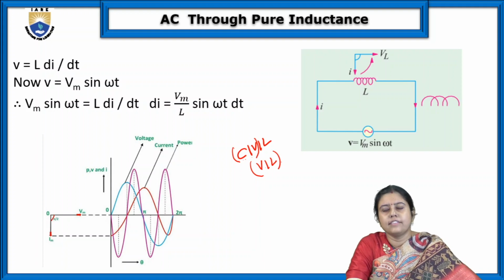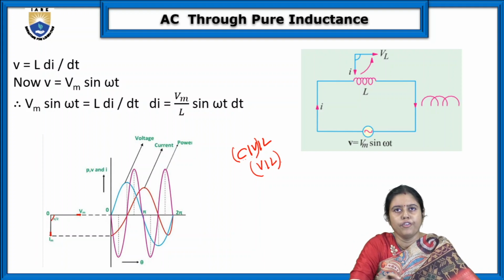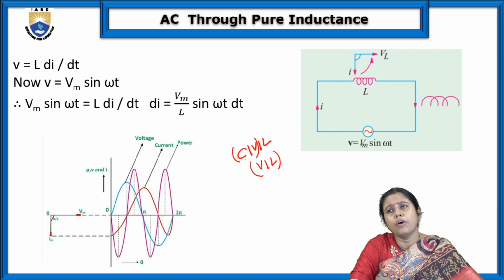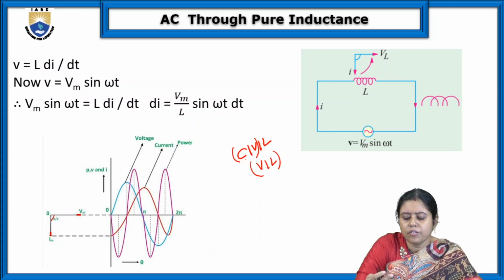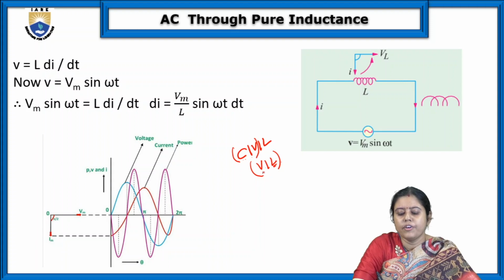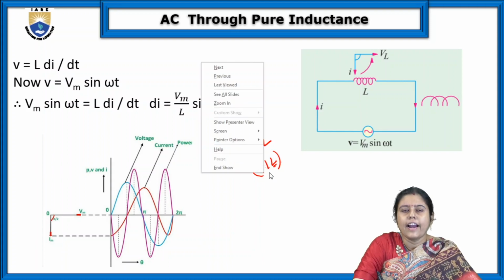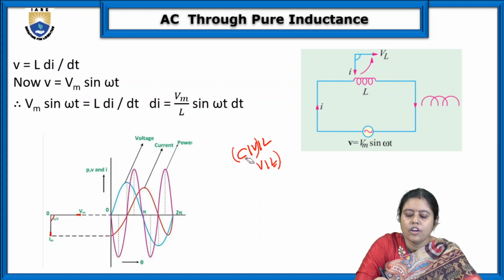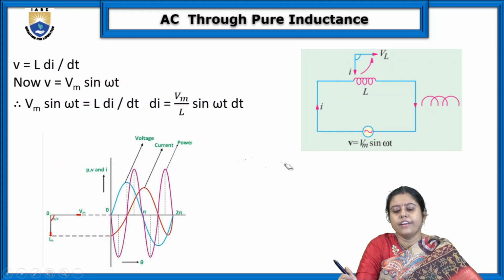We have already discussed the CIVIL rule before. So what is the rule? L means inductor. In an inductor, voltage is leading and current is always lagging. So what is actually happening?